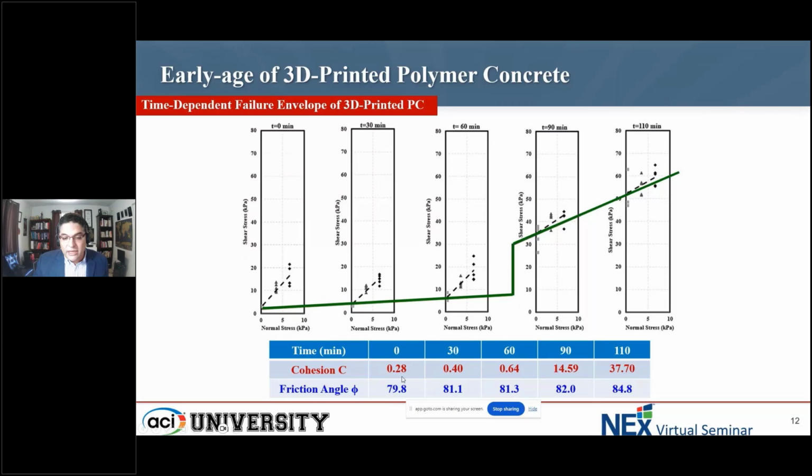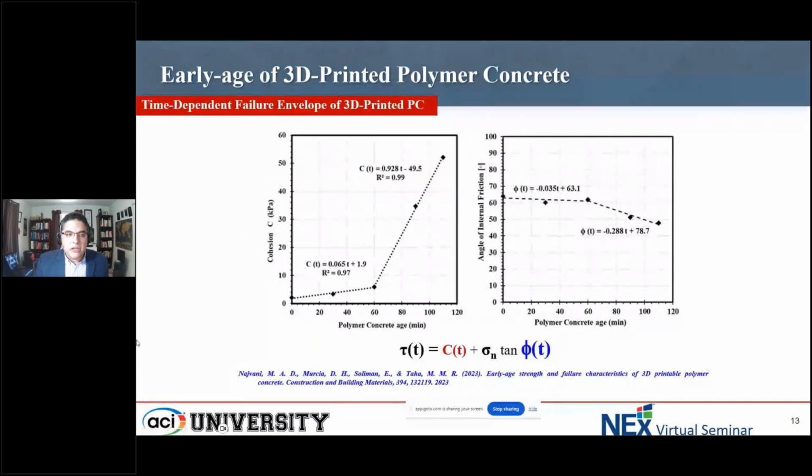So we can find the cohesion and the friction angle with time. This is the model we came to: a time-dependent model that describes both the cohesion and the friction angle with time. This is important so that you can use it for modeling the printing as a time-dependent process and for the strength development of the material.